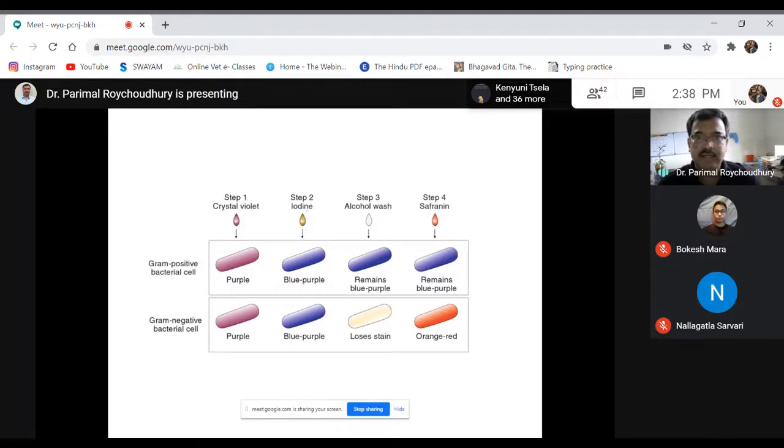Then you apply the iodine for 30 seconds, which helps in fixing the primary stain. Then it comes to decolorization. This is the most crucial stage where the differences occur.